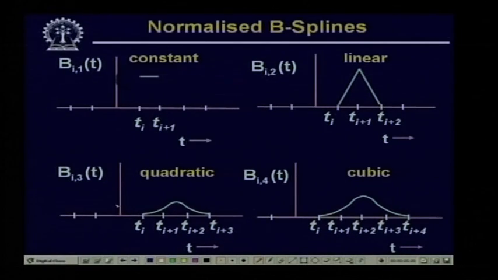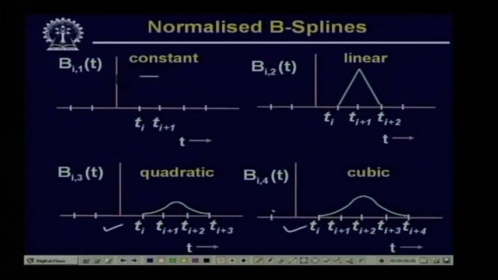Similarly, a quadratic function B_{i,3}(t) is given by this figure, and a cubic function B_{i,4}(t) is given by this fourth figure. Here you find that the region of support for the cubic function is 5 points, for the quadratic function is 4 points, for the linear B-spline is 3 points, whereas for the B-spline of order 1 it is only 2 points. So, in all the cases the region of support is finite.